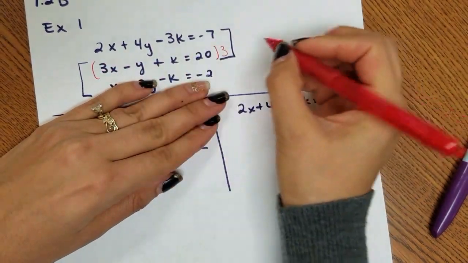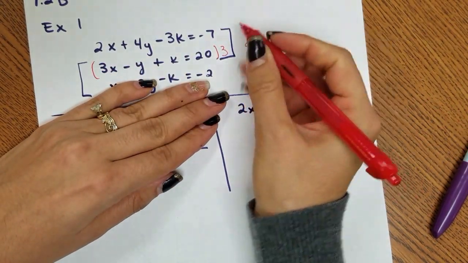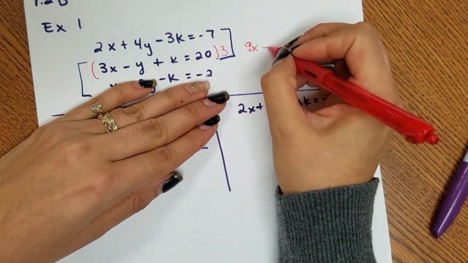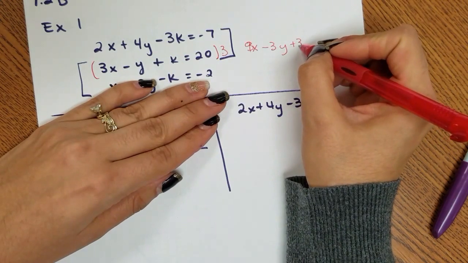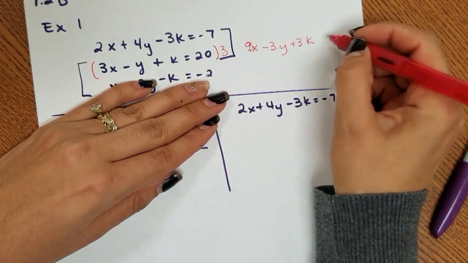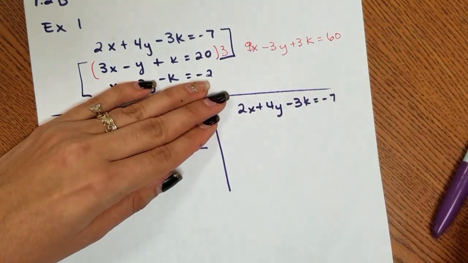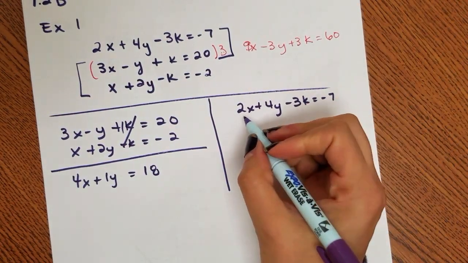So 3 times 3x is going to give me 9x. 3 times negative y is going to give me negative 3y. 3 times k is positive 3k. And 3 times 20 is going to give me 60. Okay, so I'm going to bring this equation down here.